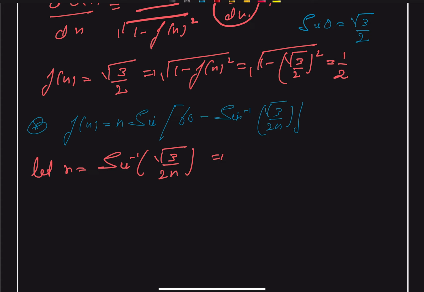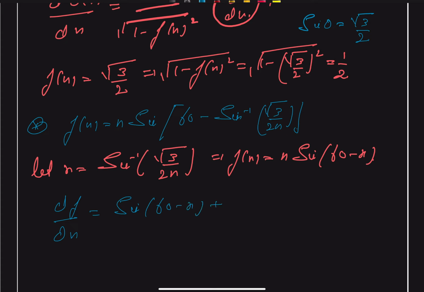This simplifies our function: f of n is equal to n sine of 60 minus x. Now we can differentiate it. So we get df by dn is equal to sine of 60 minus x plus n cos of 60 minus x times minus dx with respect to dn.